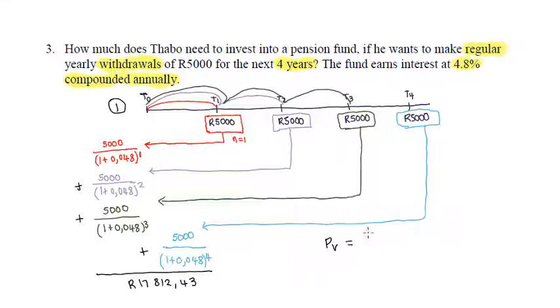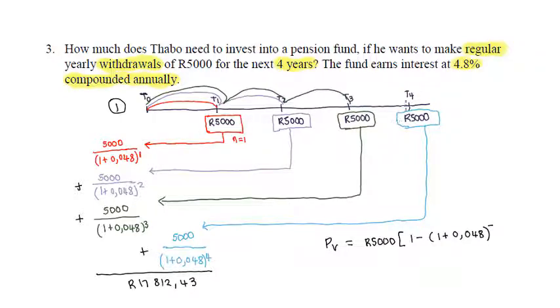If you go straight for the present value formula, remember that it says you're going to have an X amount of regular payments. In this case, it's regular withdrawals, and that's a value of 5,000 Rand, times 1 minus 1 plus your interest rate, which is 0.048, to the exponent of negative n, where n represents the number of payments you would make if this was a loan.